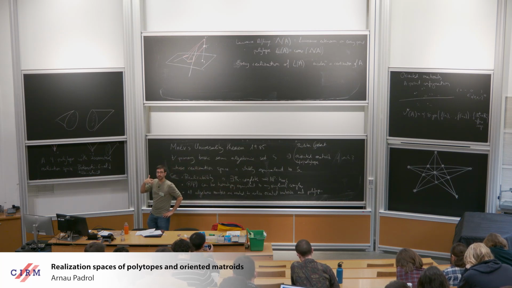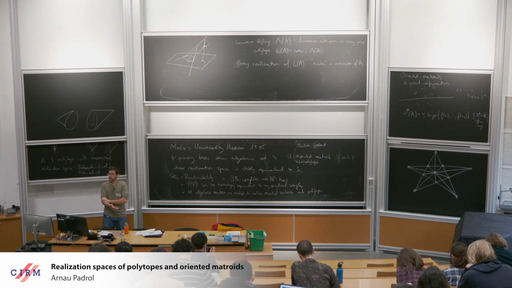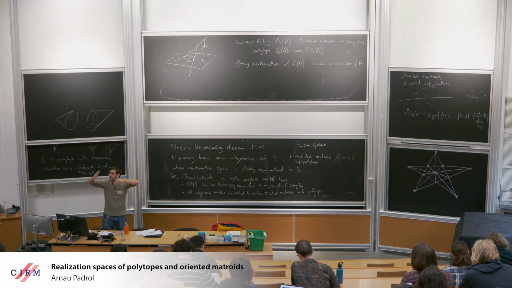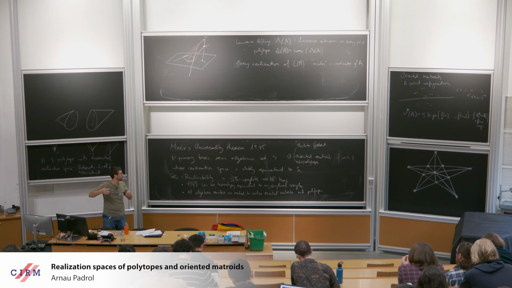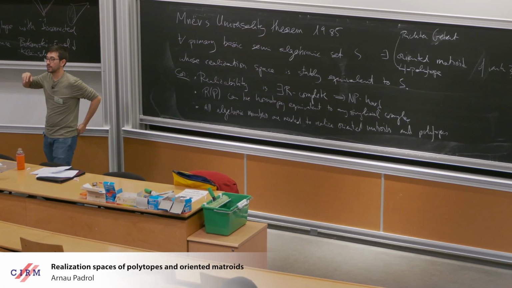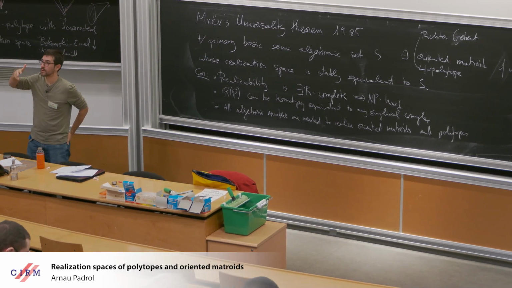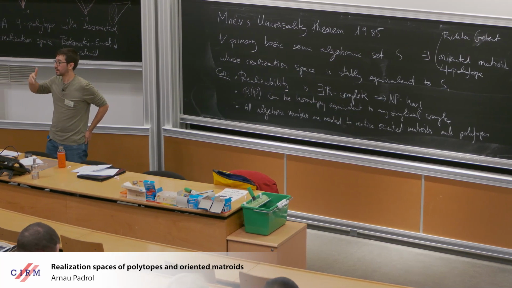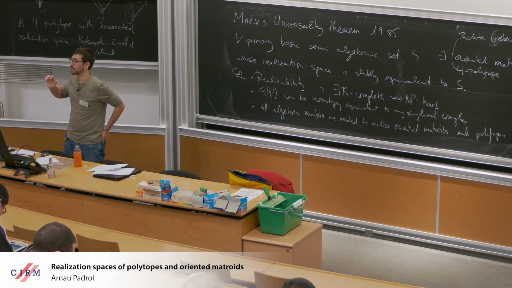The realization space of a polytope, as I defined it at the beginning, is a semi-algebraic set, because you have some polynomial equations arising from the fact that the faces are faces and things are on the right side. So for any polytope, the set of all realizations is a semi-algebraic set, and those contain algebraic points.